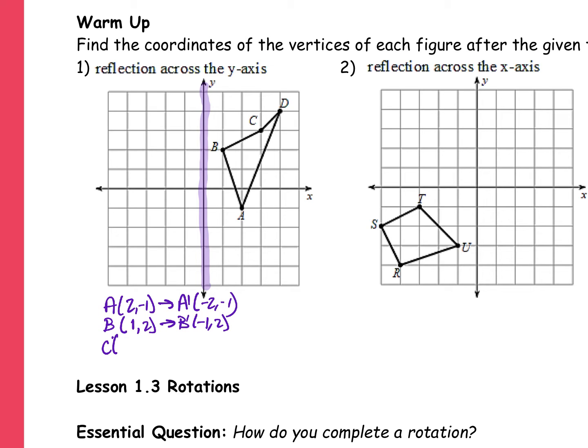C is at 3, 3. So C prime would be at -3, 3. And then D is at 1, 2, 3, 4, 4, 4. So D prime should be at -4, 4.